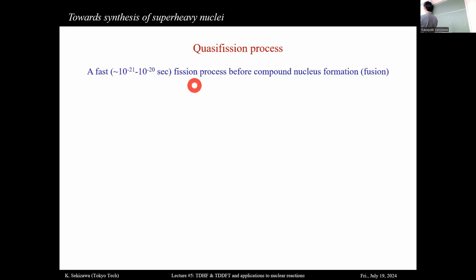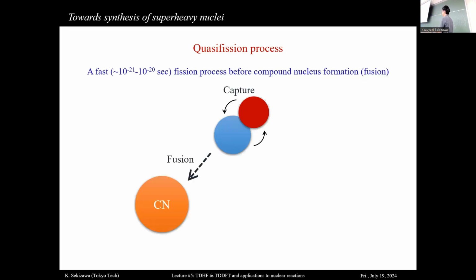It is a fast fission process before the compound nucleus formation. So after capture, of course, if two nuclei overcome an inner barrier, it can undergo fusion. And fusion means we have compound nucleus formation, so we lose the information of the entrance channel.